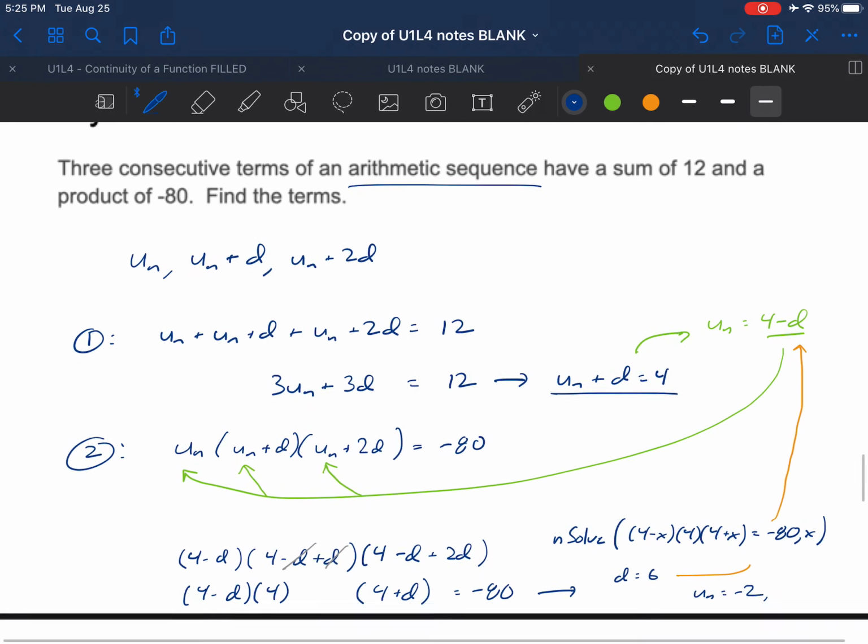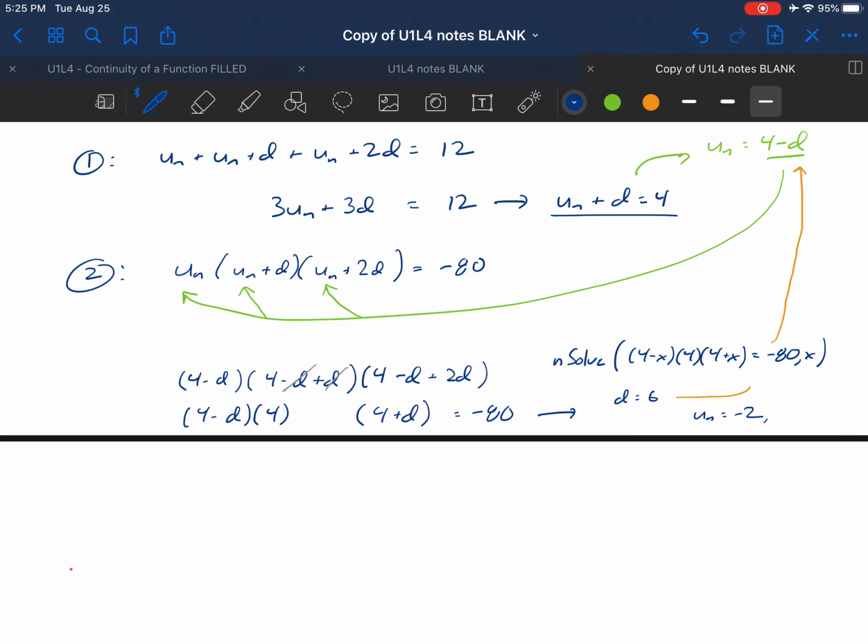Now they say, find the terms. So one term is negative 2. The next term, u sub n plus 1, is going to be negative 2 plus 6, which is 4. And then the last term, u sub n plus 2. Maybe I can fit it.